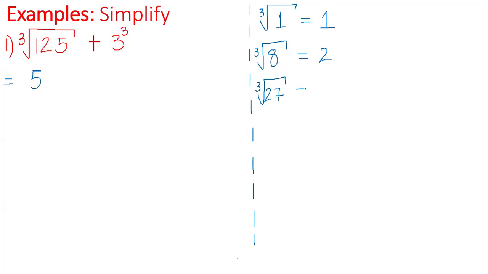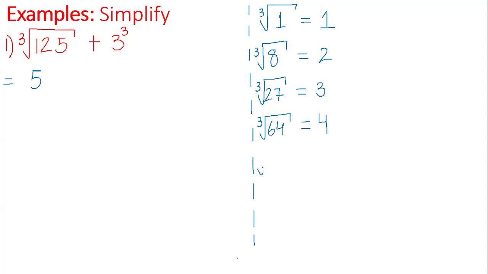Why? 3 times 3 times 3 equals 27. Very good. The cube root of 64 is what? 4. Why? Because 4 times 4 times 4 is 64.